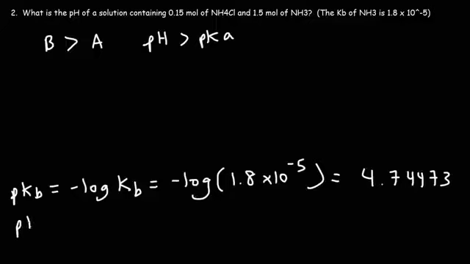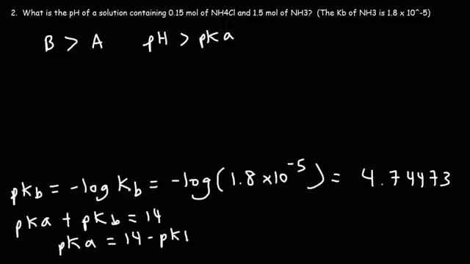Now, the pKa plus the pKb, these two add up to 14. So to calculate the pKa, it's going to be 14 minus the pKb. So 14 minus 4.74473.